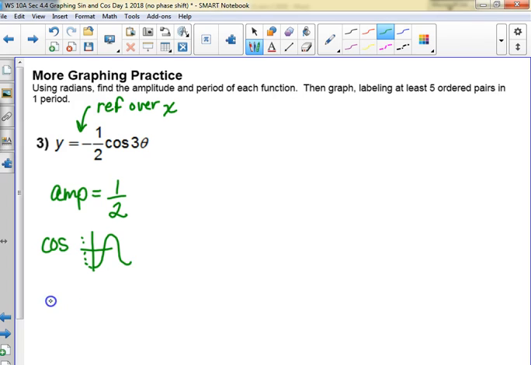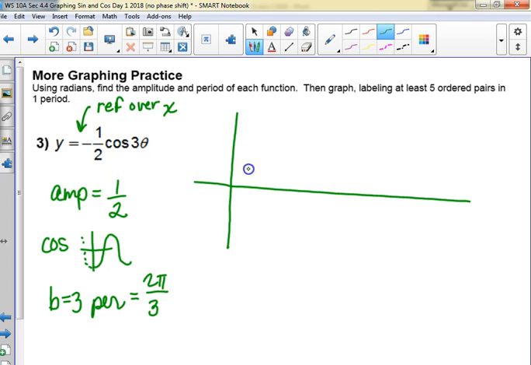All right. And what else is going on? B is 3, so the period is 2 pi divided by 3. Lovely. Yes? Okay, we can do this. No vertical shift yet.